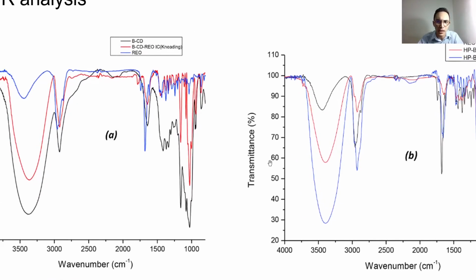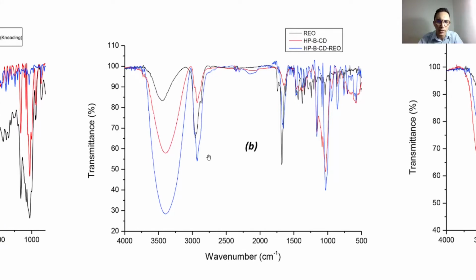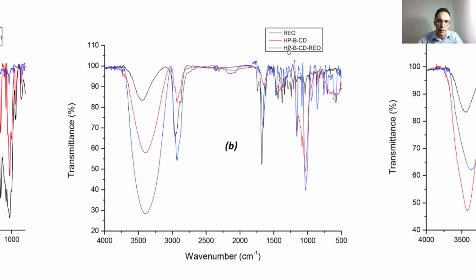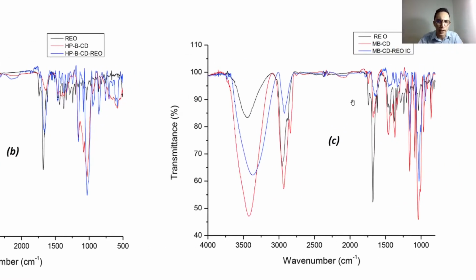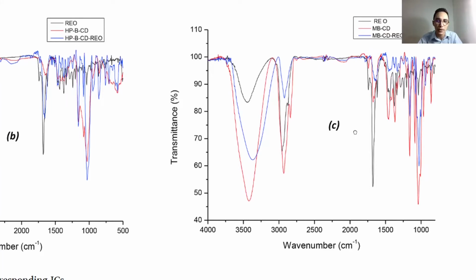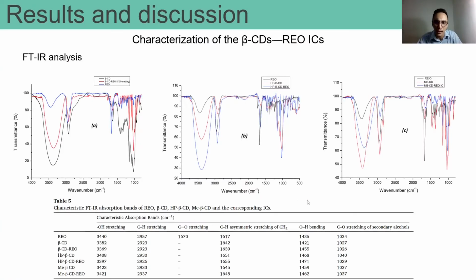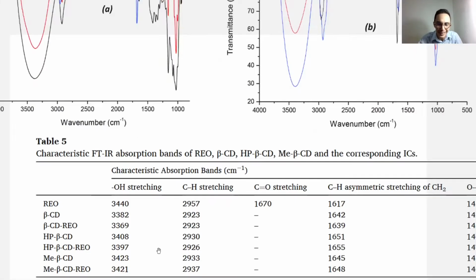It's the same idea for figure B, but now we are using hydroxypropyl beta-cyclodextrin. And for C, we have the same idea, but with a different cyclodextrin, methyl cyclodextrin. So that was the difference, and you can see it there.